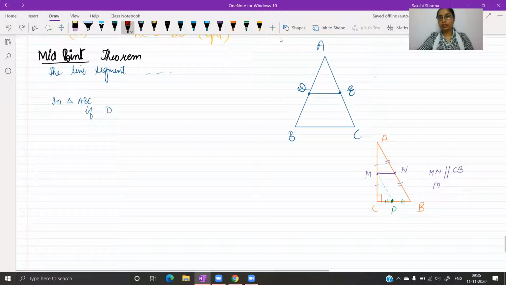And if I join NP, now I'm joining the midpoints of sides AB and CB. So this line segment will be parallel to this one.